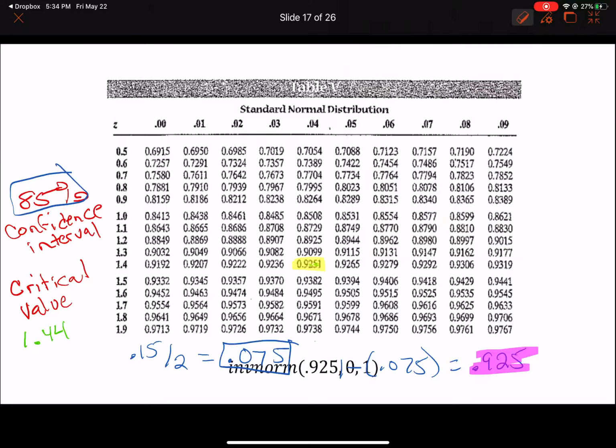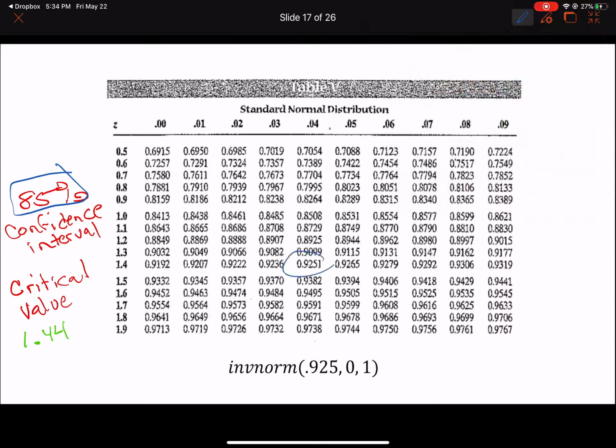So how did we do it before? What did we do before when we were looking for a z-score when we had the percent? Using inverse norm, I'm going to get the same answer or really close. Rounded to 2 decimals, I think I ended up with 1.439. So use inverse norm just like we did before: if you have the percent, you can get the z-score.